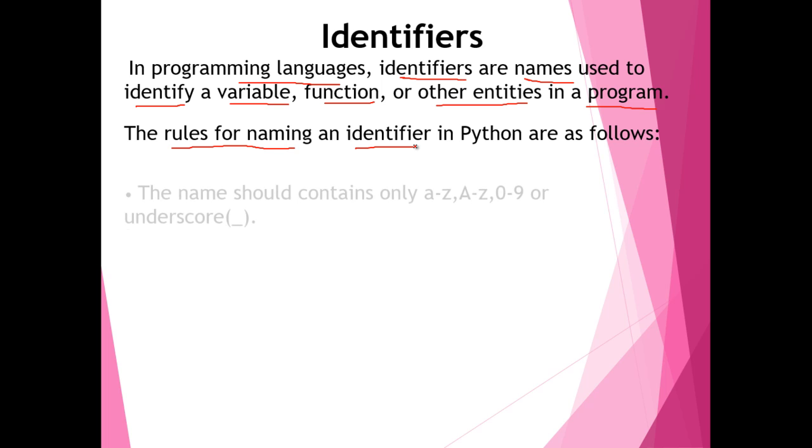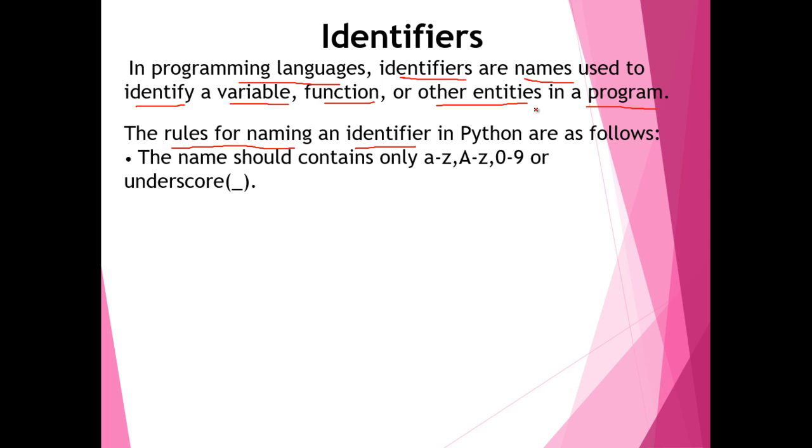What are the rules? The first rule is that the name should contain only capital A to Z, small a to z, 0 to 9, and underscore. Only these characters are allowed in the name of an identifier.